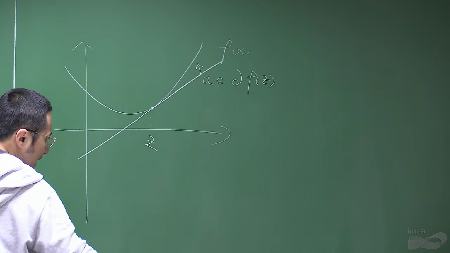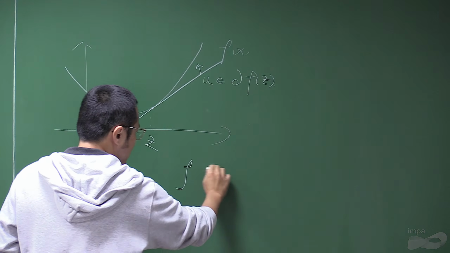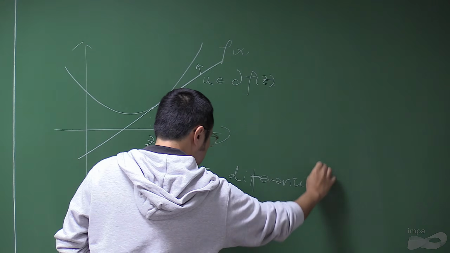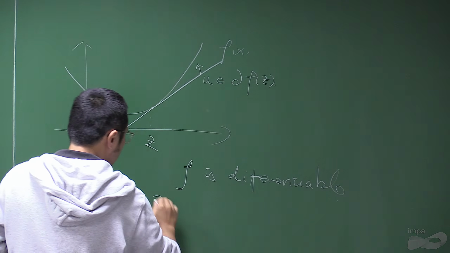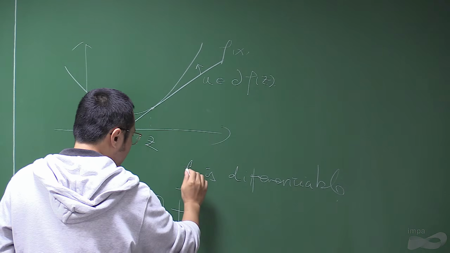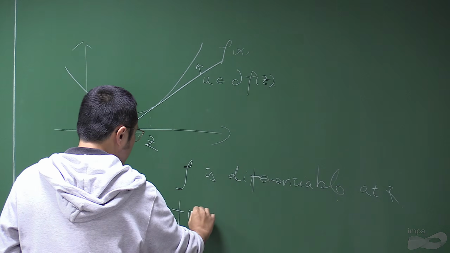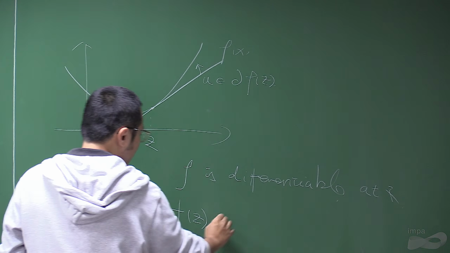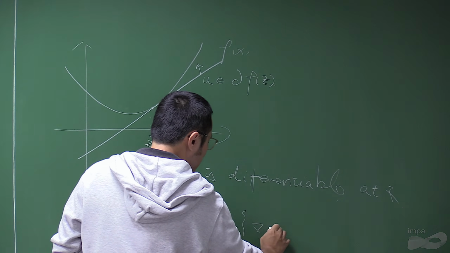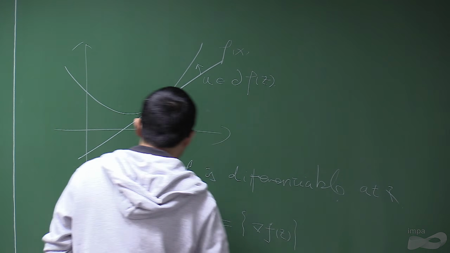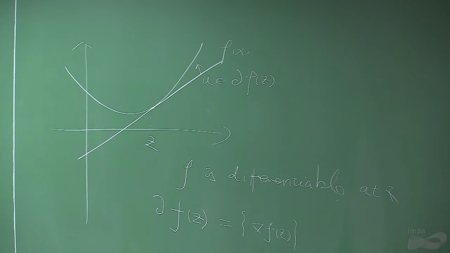So in this case, if f is differentiable, the subdifferential of f at z is a singleton, which is just the gradient of f at point z. Okay, but if the function is not differentiable at this point, for example, we have a function like this.